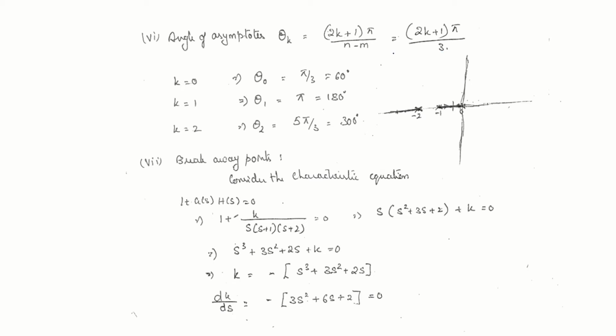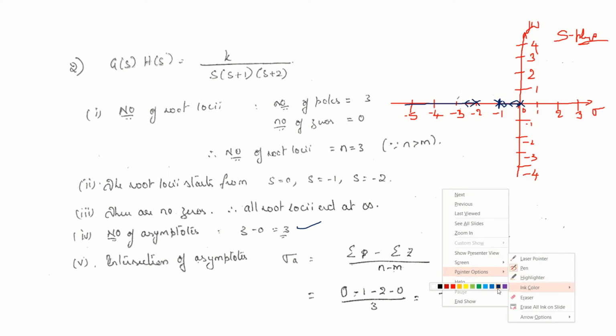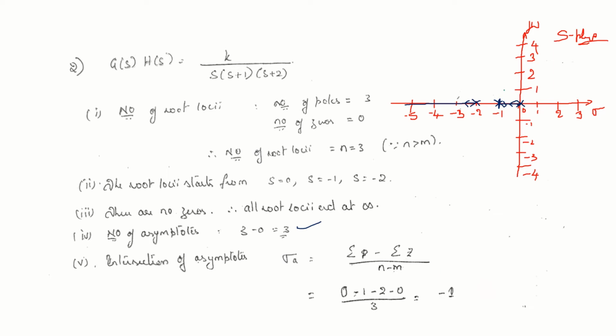Go on substituting k values. One will be making 60 degrees, so you draw an asymptote at 60 degrees.